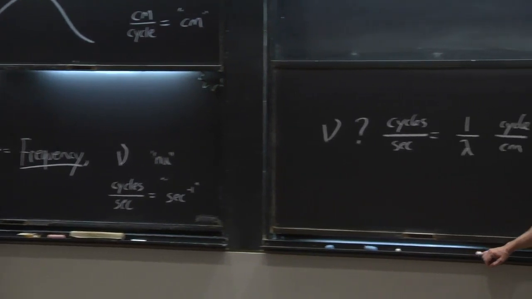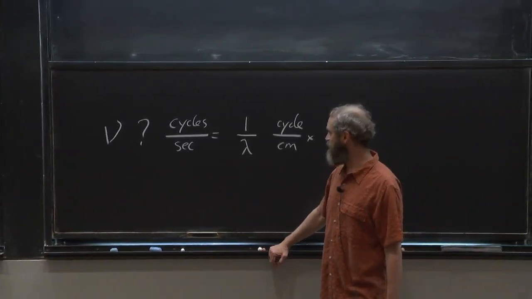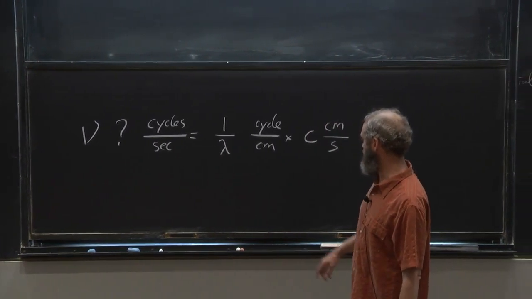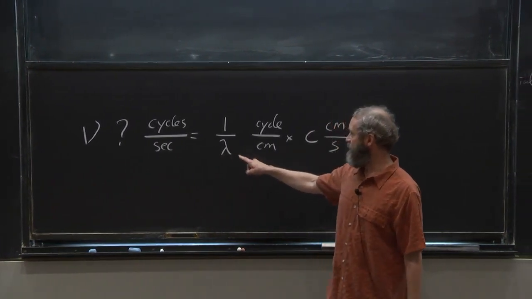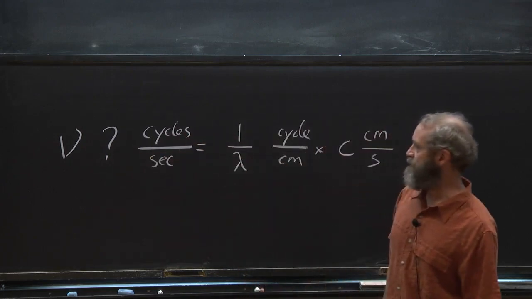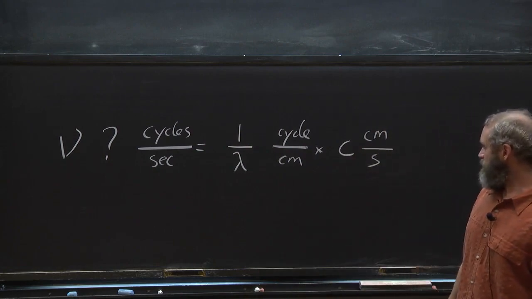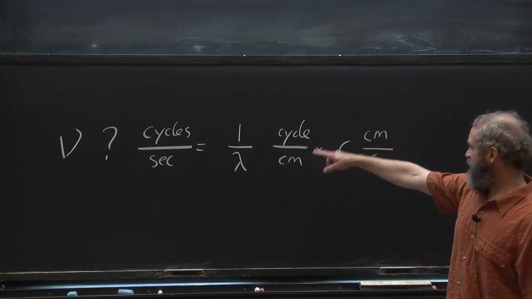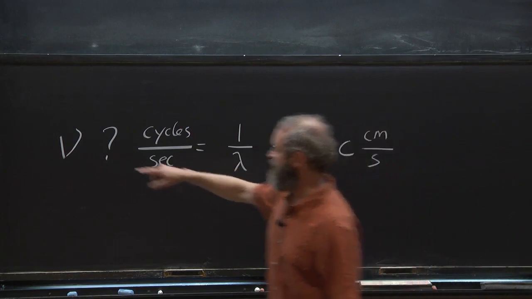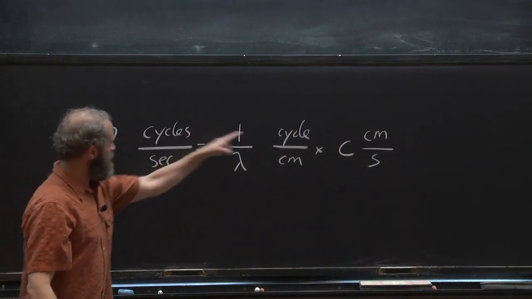So if we want to get some more factor label practice at converting units, this is a good example. Let's say we have a wavelength of light and we want to calculate its frequency. So the frequency has units of cycles per second, so that's what we want. And looking at the wavelength, the wavelength itself is centimeters per cycle, but looks like we want the cycles to be on top.